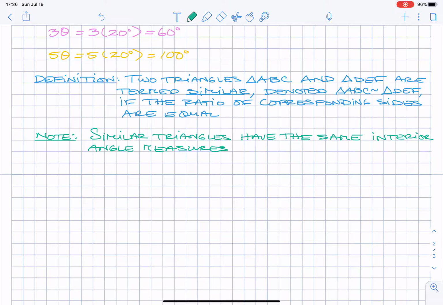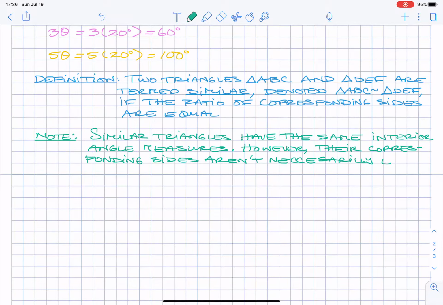However, their corresponding sides aren't necessarily equal. So the lengths of the sides in similar triangles can differ, but their angles have to be the same.